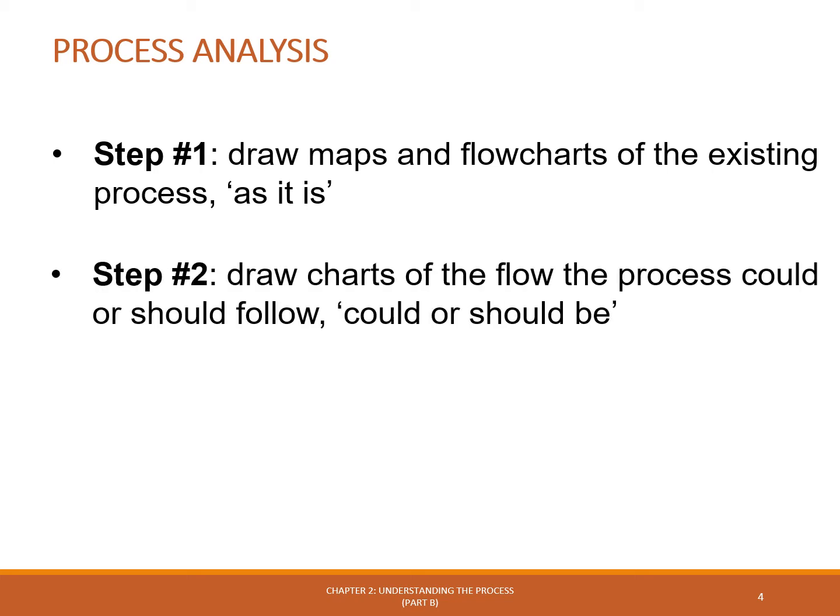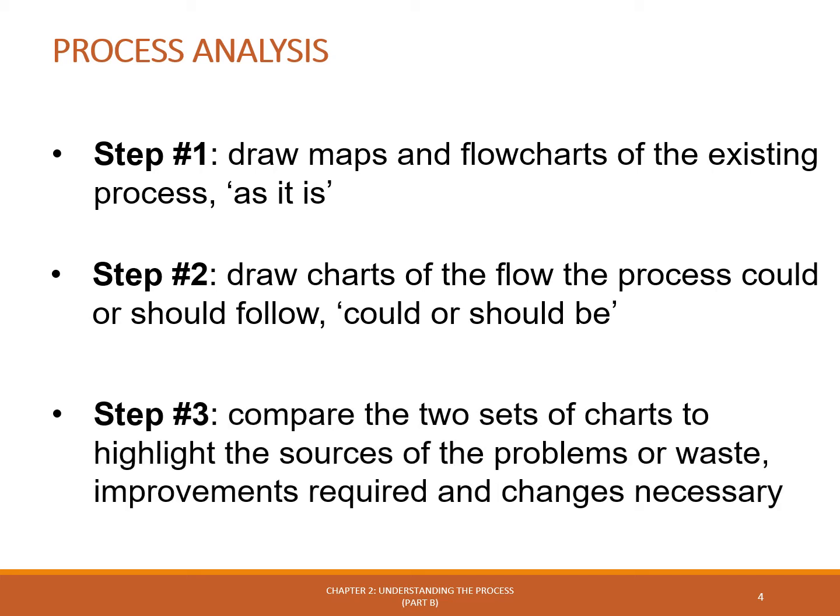Then, in step number 2, they should draw charts of the flow that the process could or should follow, or as it could or should be. And lastly, in step number 3, they have to compare the two sets of flowcharts to highlight the sources of problems or waste, improvements required, or any changes necessary.